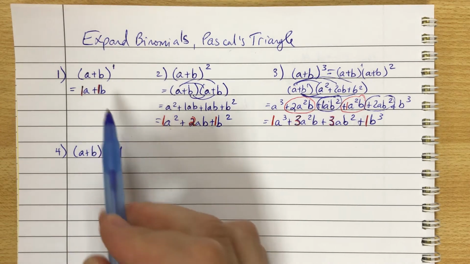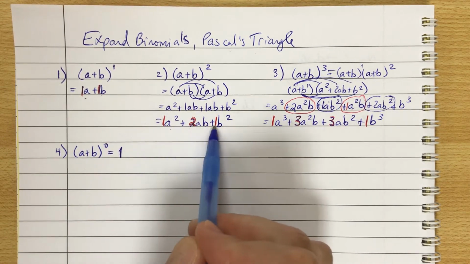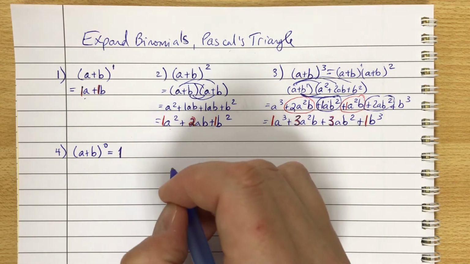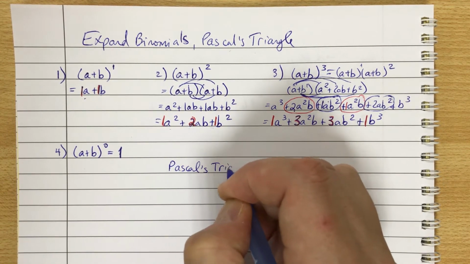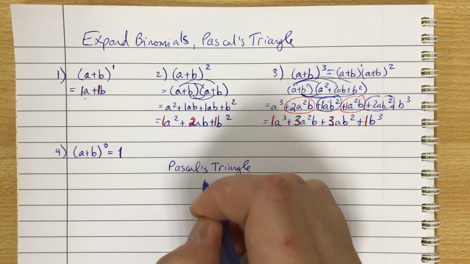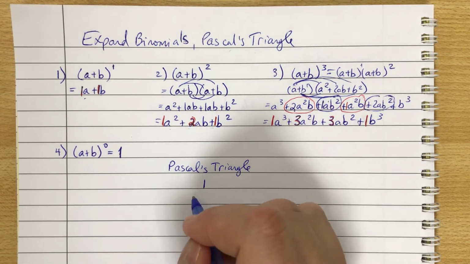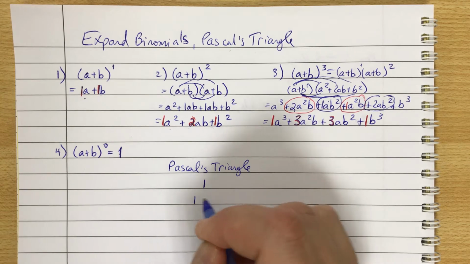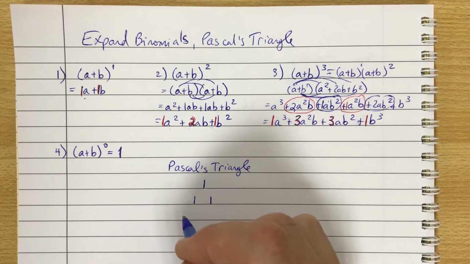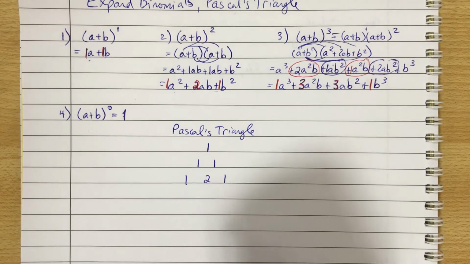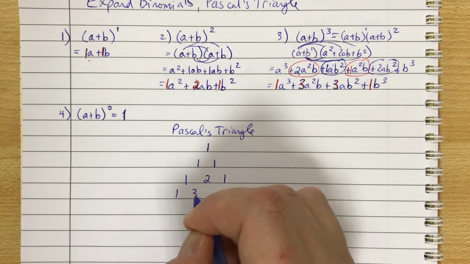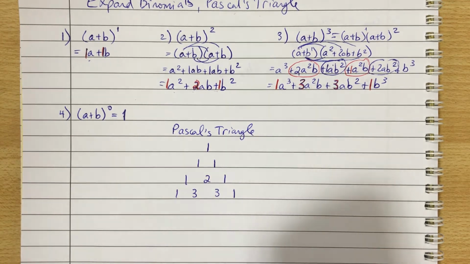When we look at the coefficients, they fit a pattern called Pascal's triangle, where the first row is a 1, and then the second row is 1, 1. The third row is 1, 2, 1. The fourth row is 1, 3, 3, 1.